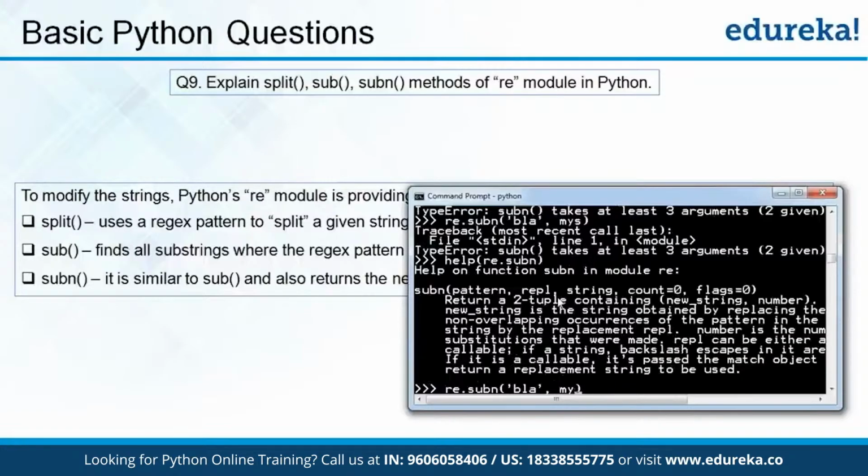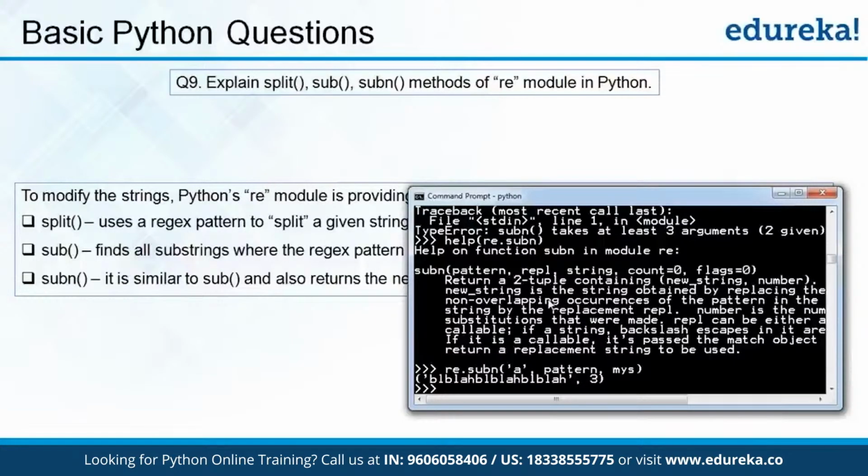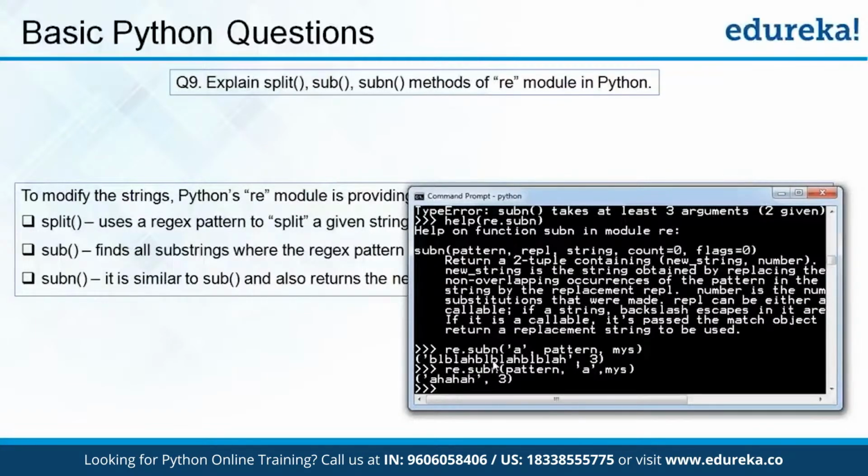Replace blah with A, with pattern and my S. So it will replace the blah with BLA, with a particular A. If we take it the other way around, pattern comma A, my S, it replaces BLA by A, only A.